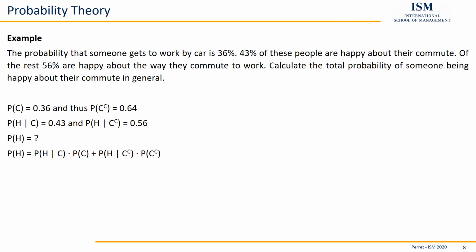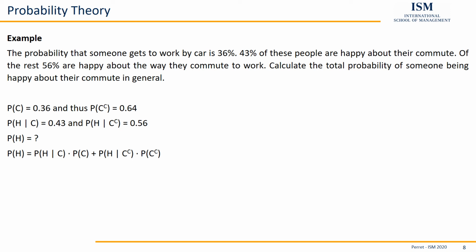If you really think about this, if you think back on the very first slide, we had this tree, and in the end we said that the probability of two events happening at the same time is basically the conditional probability times the probability of the event which is the condition, and both of them multiplied.